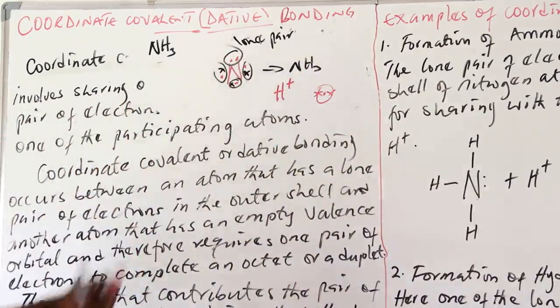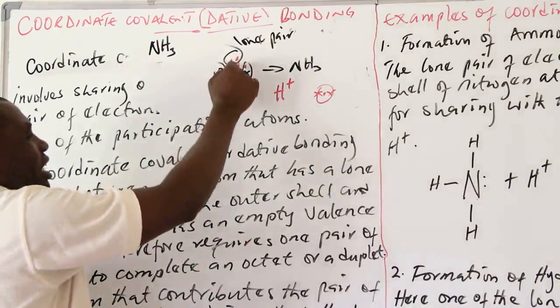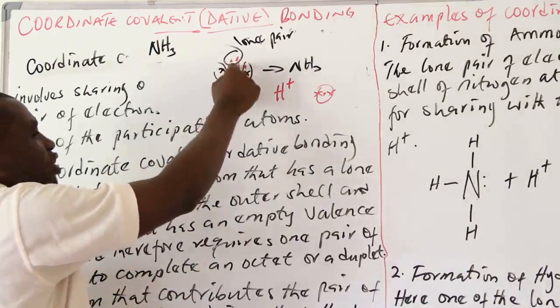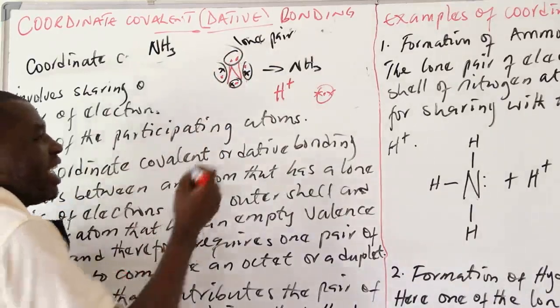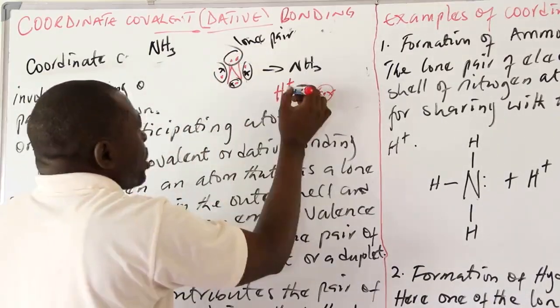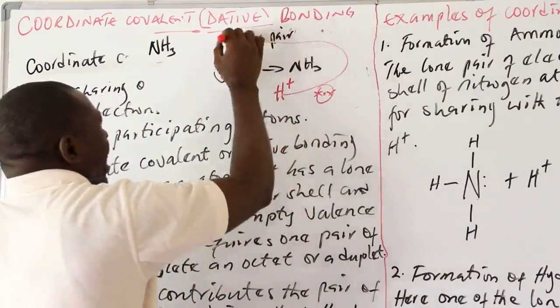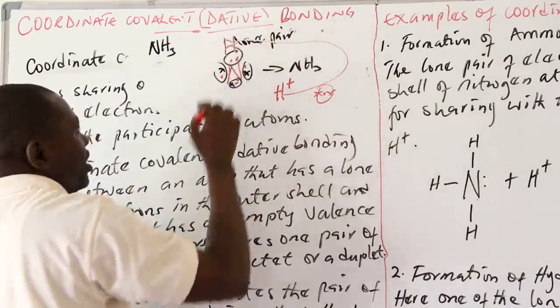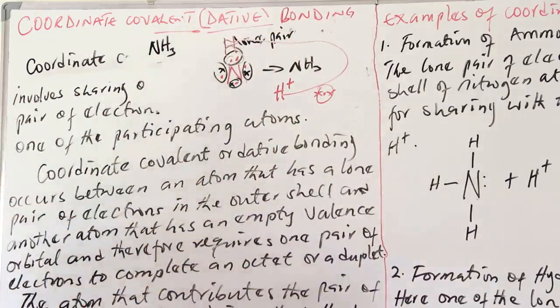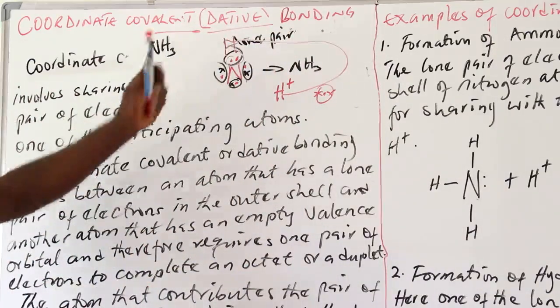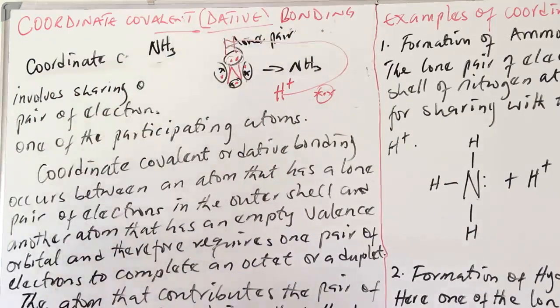Okay? So if it comes across an atom like nitrogen that has a lone pair of electrons, then the nitrogen will be able to accommodate this hydrogen. It will come with its empty shell, and then it will share in this lone pair of electrons. So that is how coordinate covalent bonding is formed.